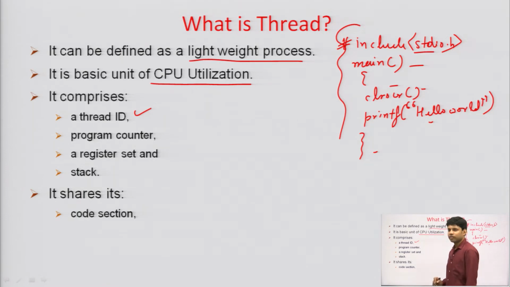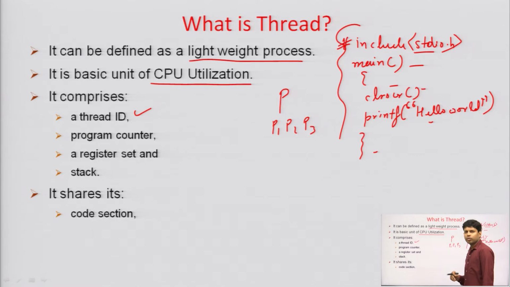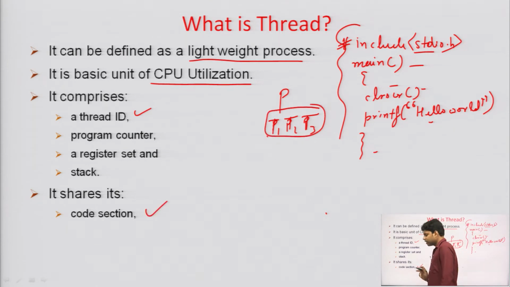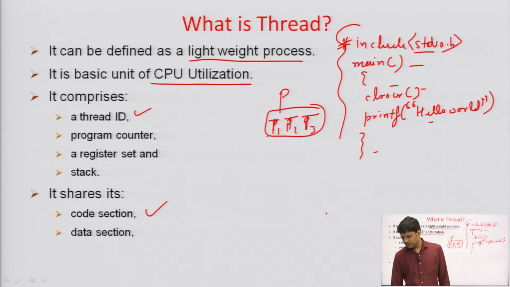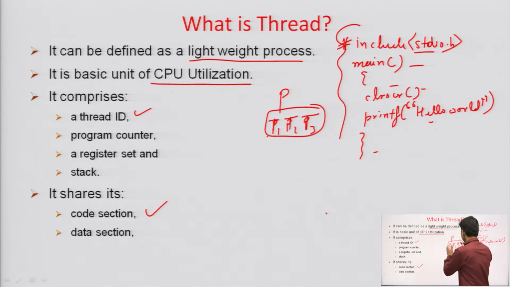It shares its code section. Like if this is a program and you have broken this program into P1, P2, P3, and this is suppose your thread 1, this is your thread 2, this is your thread 3. So all these threads will share what? They share their code section, then data section, because all these threads are from the same program.